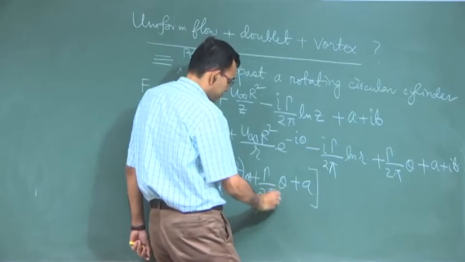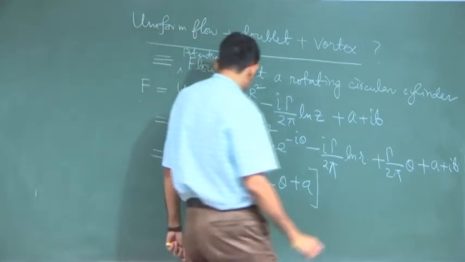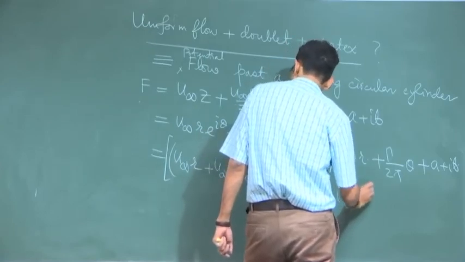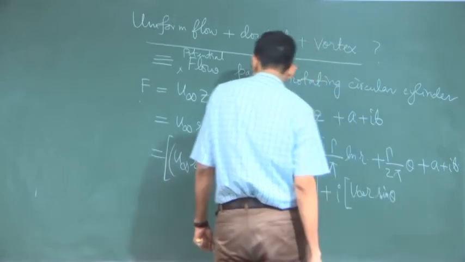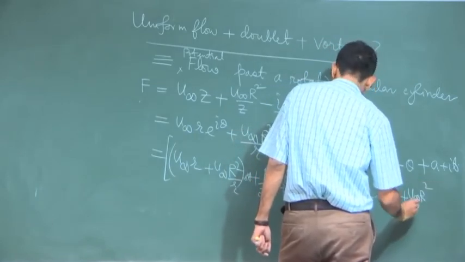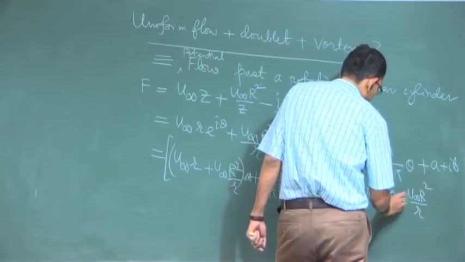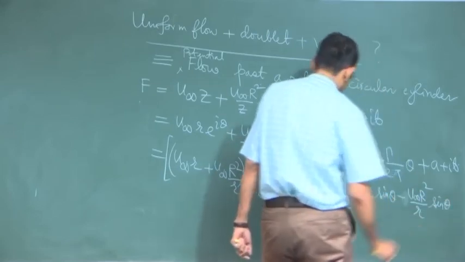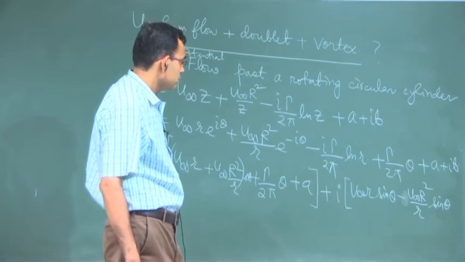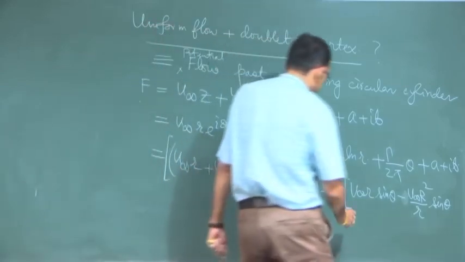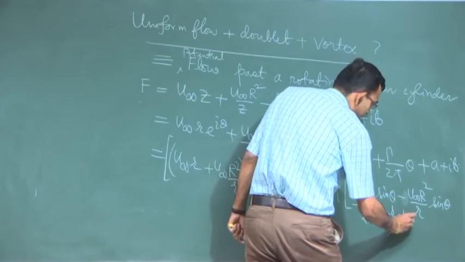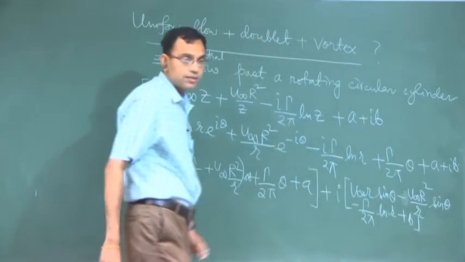Gamma by 2 pi, yes. An imaginary part: u infinity r sin theta plus u infinity r square by small r, this into minus sin theta, minus gamma by 2 pi ln r plus b, right.